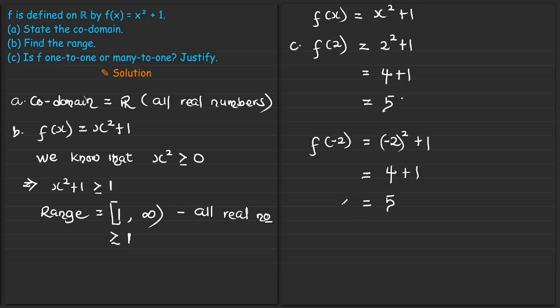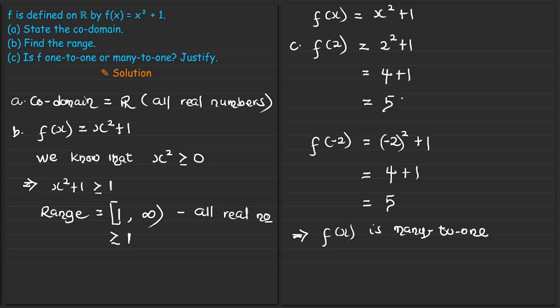Now with this, you realize that many elements, specifically 2 elements, are mapping to 1 value. So that is simply to imply that f of x is a many to 1 function. And that is all. All we needed was one example.